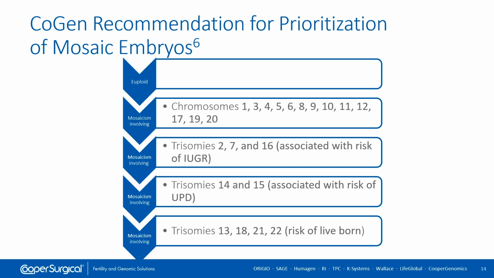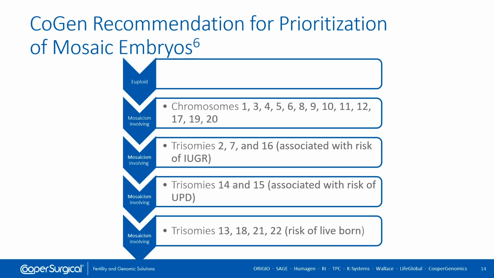Now, when you compare CoGen's guidelines to PGDIS guidelines, one difference that you will find is that PGDIS guidelines list chromosome number 22 in that first category, so as having the highest priority for transfer when thinking about transferring a mosaic embryo result.